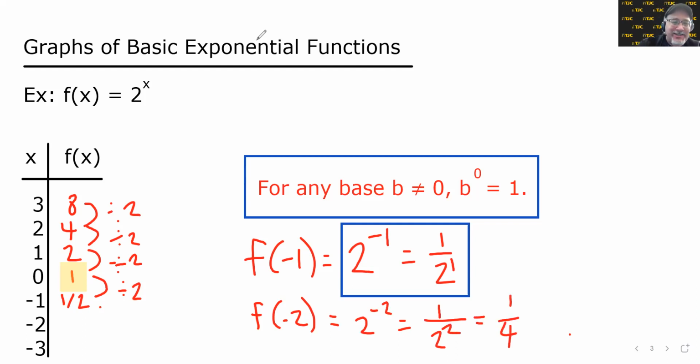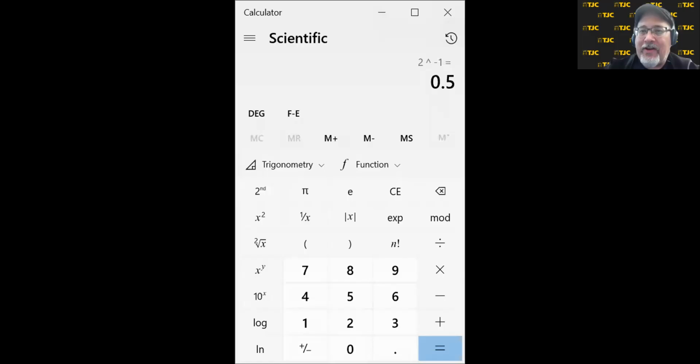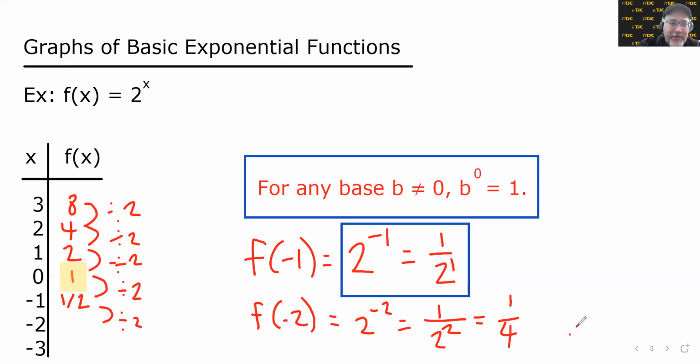And this is consistent with our divided by 2 observations over here, because if I took 1/2, which I currently have on my calculator, now you can see that too, and divide it by 2, it's going to give me 0.25, but that's the same as 1 divided by 4. So exponents get a little bit funny when you start using negative exponents, but they are predictable.